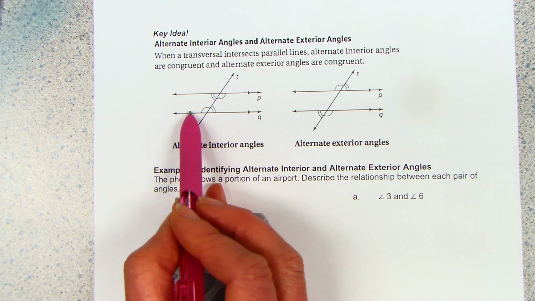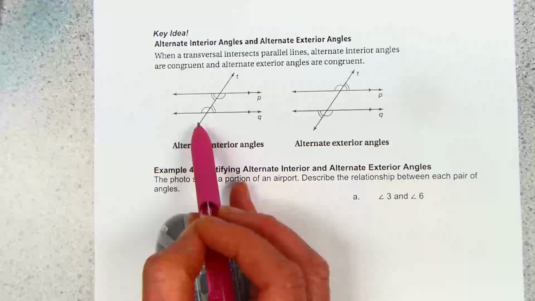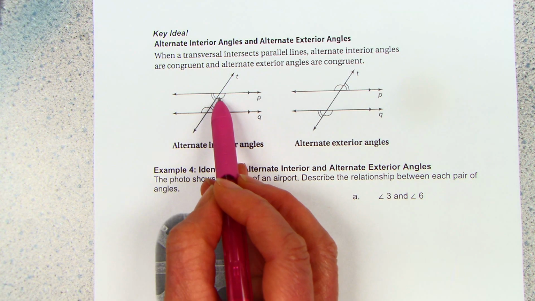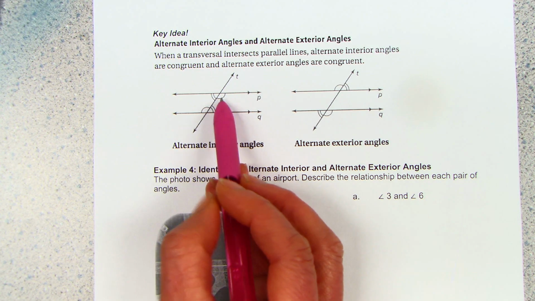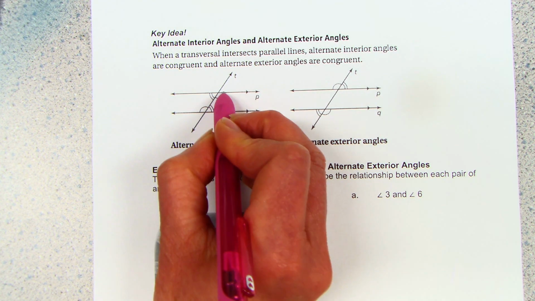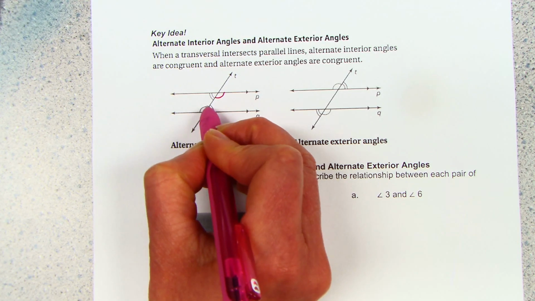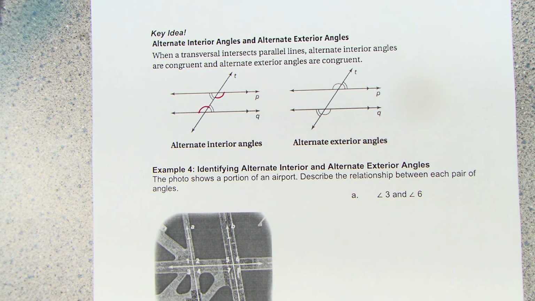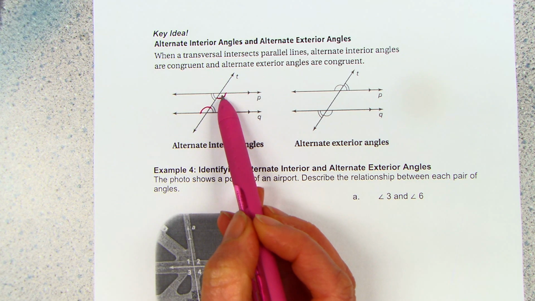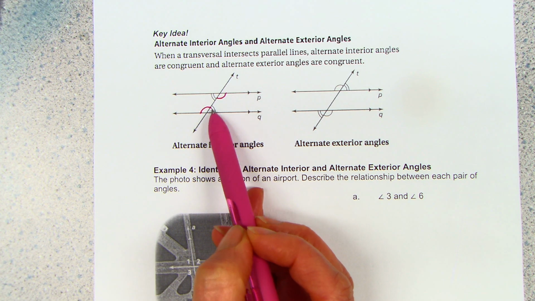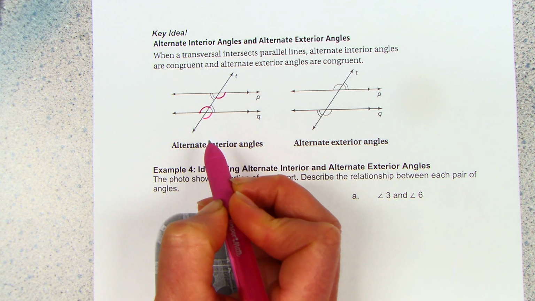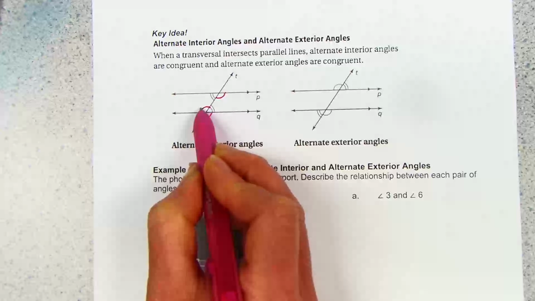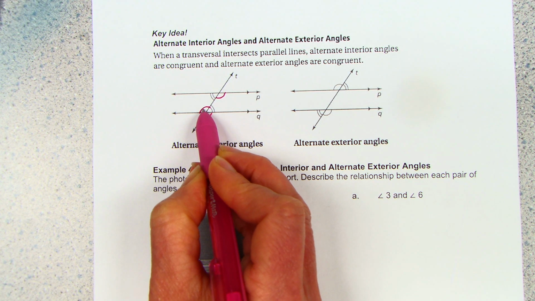When you've got these two lines cut by the transversal, these are interior angles. When you say they're alternate, they're like the opposite side. So this one is equal to this one. You can tell that by looking at it, and you could also figure it out because this angle would be equal to this angle because it's corresponding, and then it's vertical to this angle.